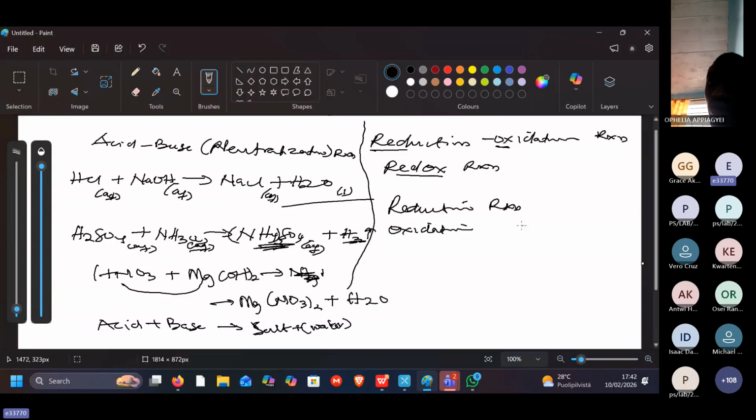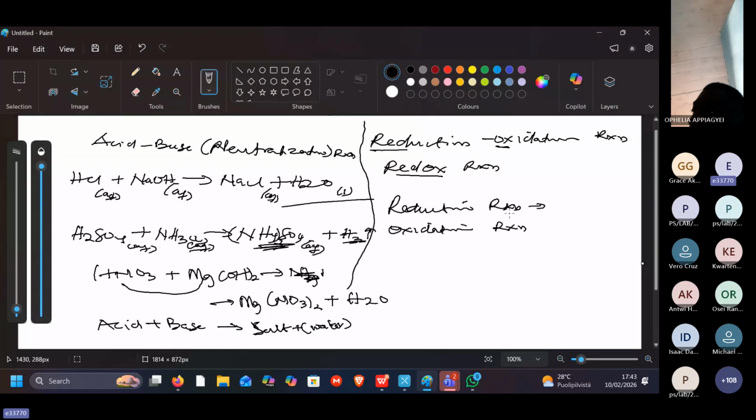So let's try to explain these reactions. Now, we have a reaction which involves movement of electrons. In a reduction reaction, a species is gaining electrons at the end of it. So you look at what we are starting with at the reactant side.